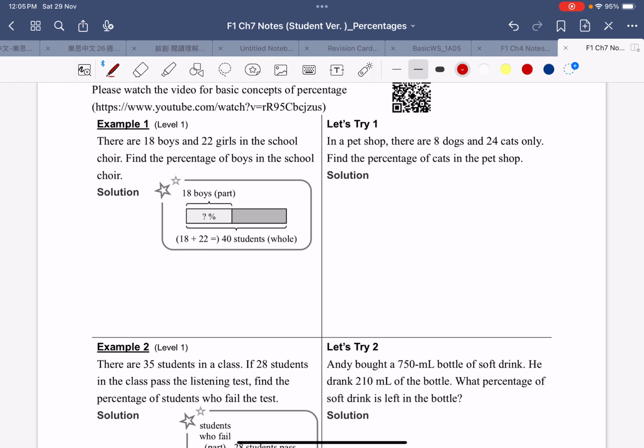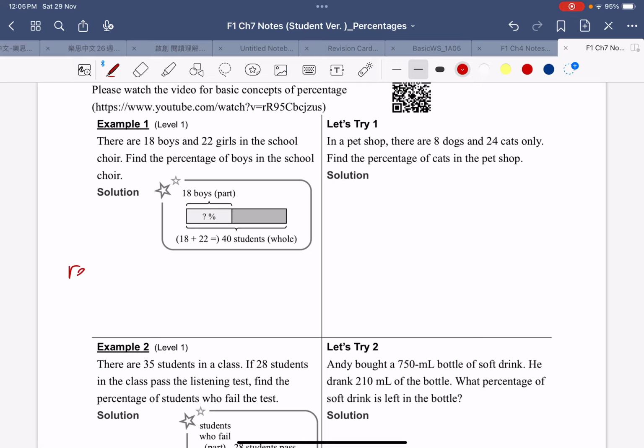We have a school choir with 18 boys, 22 girls. We need the percentage of boys. The whole is the total number of students. So we add 18 and 22 to get 40. And the part is 18 boys. Now we apply the formula.